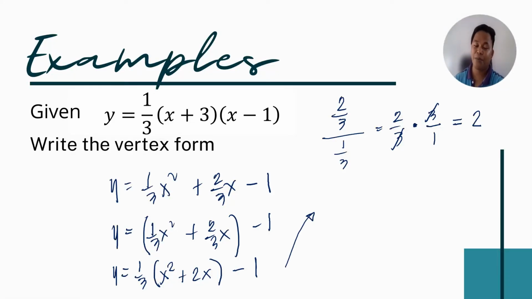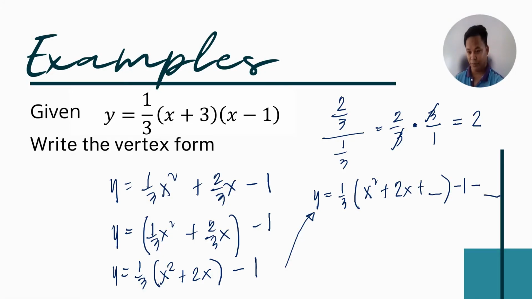Then, complete po natin yung nasa parentheses po. Y is equal to 1/3 times x squared plus 2x plus blank, minus 1 minus blank. What must be the value that we're going to place in this first blank to make this given trinomial a perfect square?